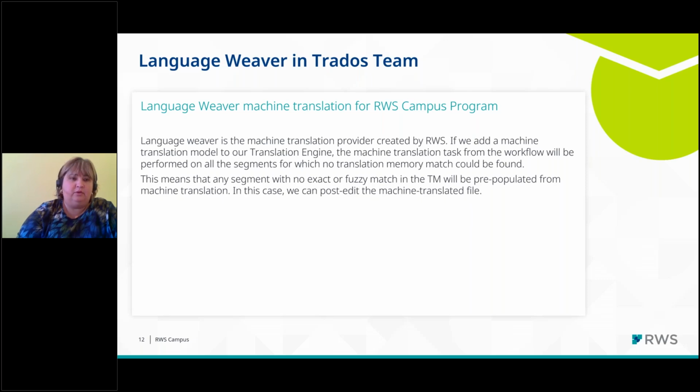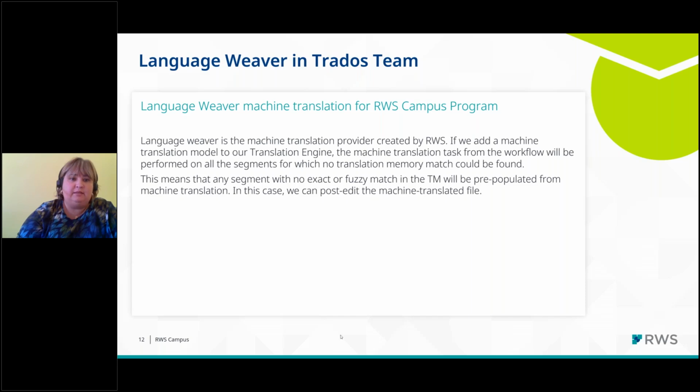The last topic for today is how the Language Weaver provider works in Trados Team. Language Weaver is the machine translation provider created by RWS. If we add a machine translation model to our translation engine, the machine translation task from the workflow will be performed on all the segments for which no translation memory match could be found.